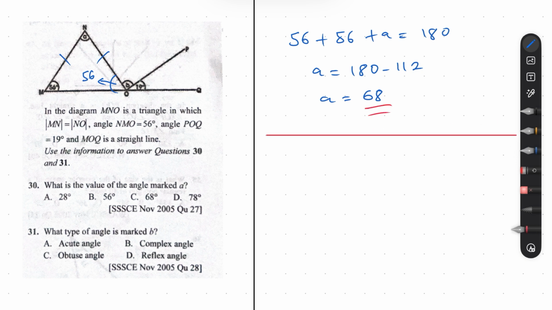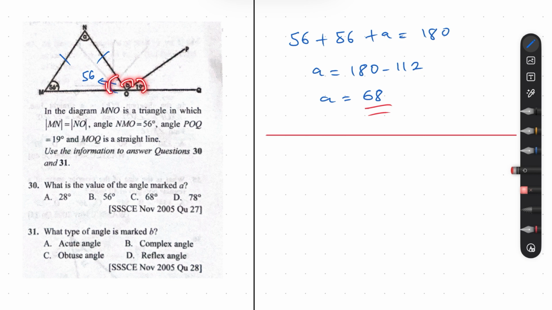Now this says, what type of angle is marked B? Let's try to find B first. We know that angles on a line add up to 180. So we have 56 here, we have 19, and then we have b.